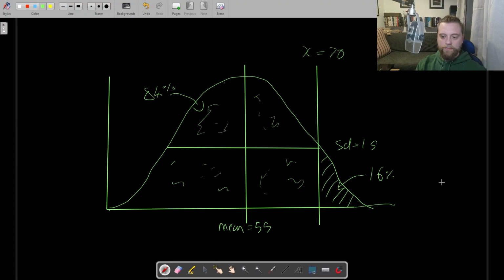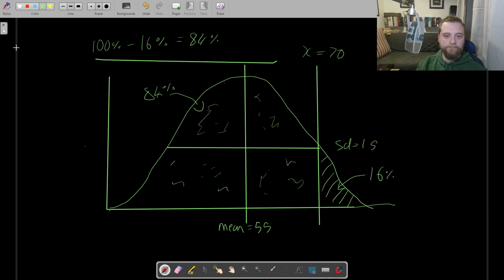So really all we're doing here is calculating 100% minus 16% equals 84%. Because the whole area under this curve has to sum to 1. Right? These are all our results. Has to sum to 1 or has to sum to 100%.